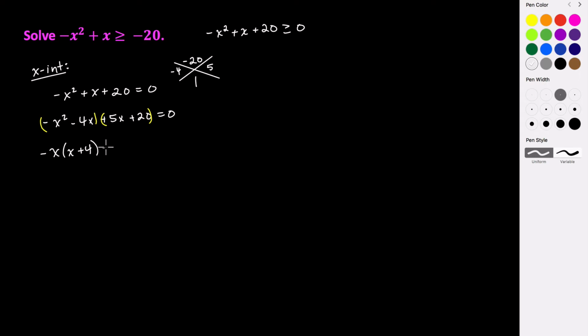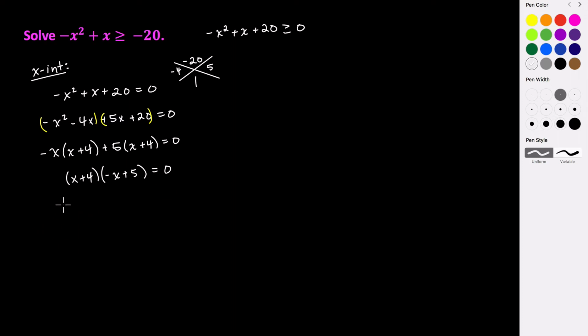The leading term here is positive, so we're going to factor out a positive value. The greatest common factor here is 5, so factor out a 5. We get x plus 4, and that equals 0. This quantity and this quantity are the same, so we can factor that out, x plus 4. And then what's left on the outside becomes our other factor, negative x plus 5 equals 0.